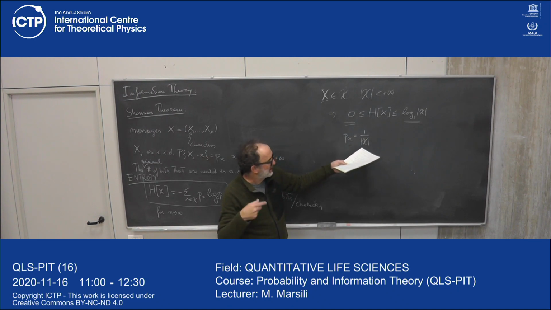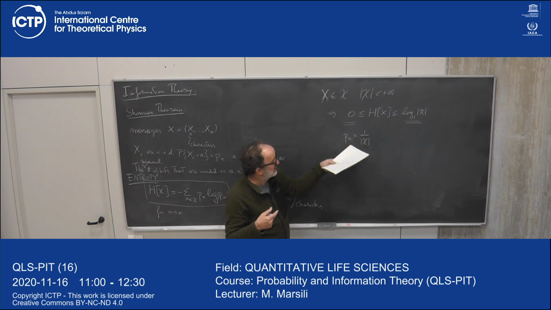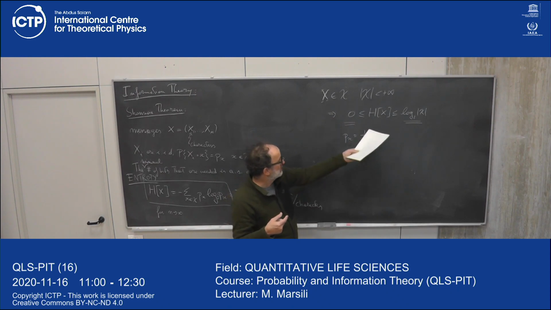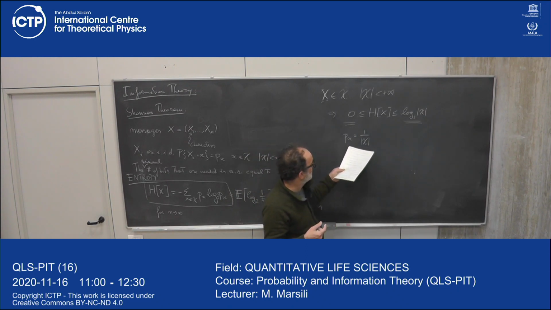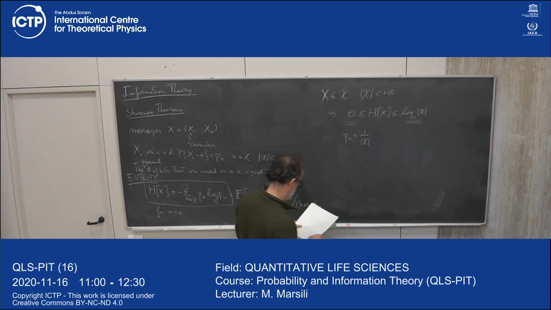So this probability distribution does not distinguish in any way among the different values of x. This means that it encodes a state of maximal ignorance, and correspondingly the entropy is maximal when you have a probability distribution of this type.